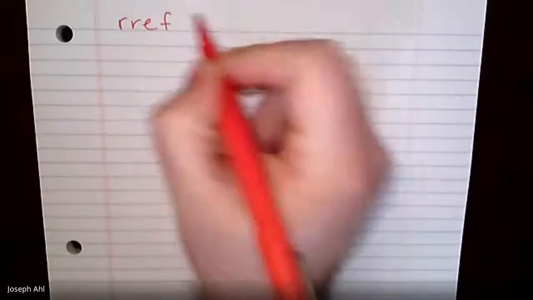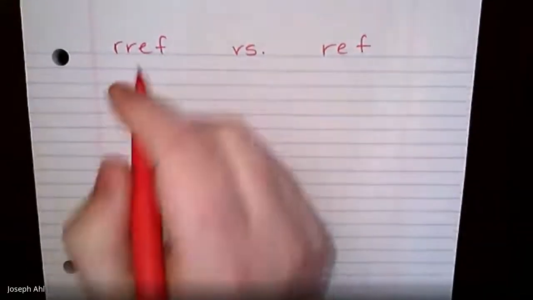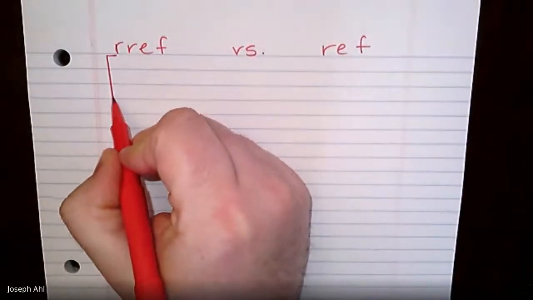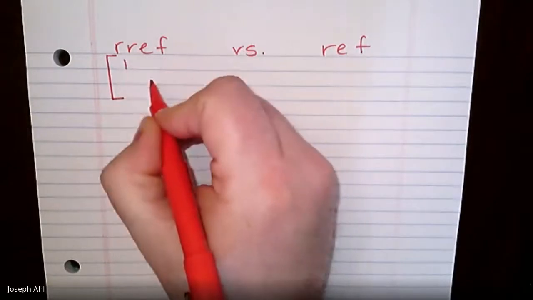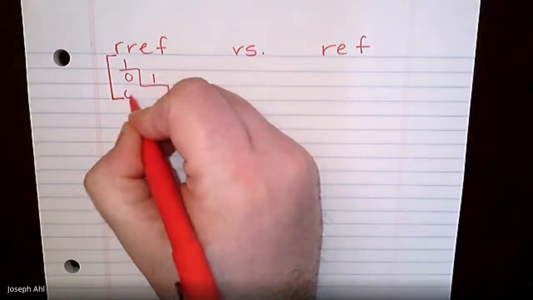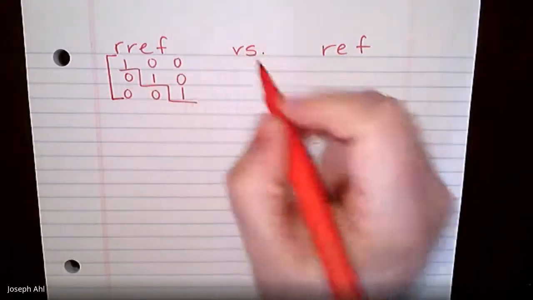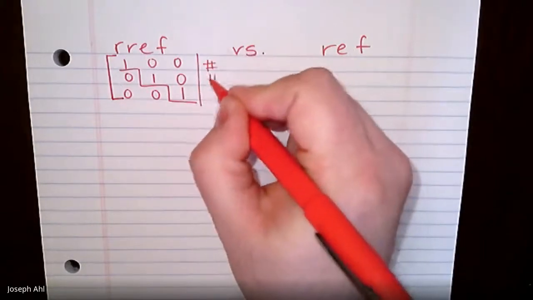All right, Angelica says, I'm confused on what's the difference in RREF versus REF. That's a good question, Angelica. So the difference is, if you think about what the staircase looks like, if there's zeros above the steps or not. So RREF, if you were, let's say, solving a system, would look like this, where you have ones on the steps, zeros underneath the steps, but you would also have zeros above the steps, above the ones there, and then have numbers on the other side.